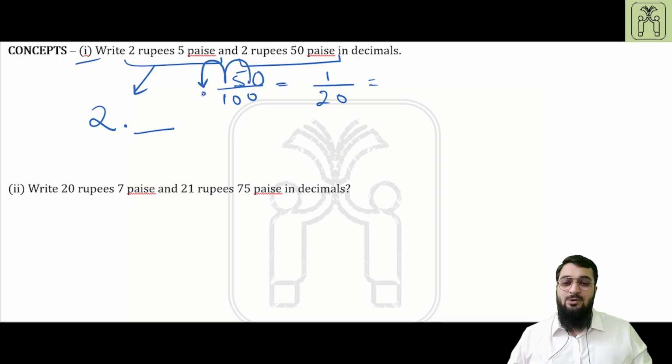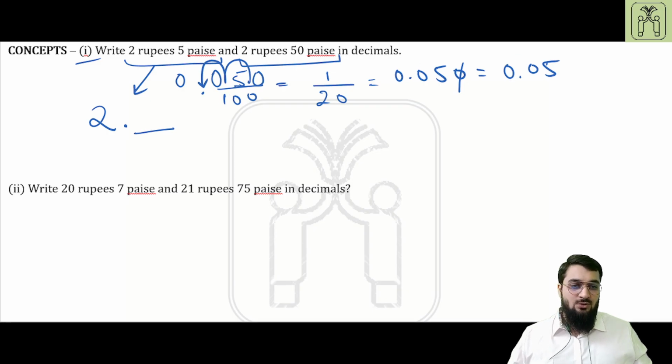This arrow will represent the new decimal point and the empty space will be filled with a 0. Therefore the new number will be written as 0.050, or it can be written as 0.05.